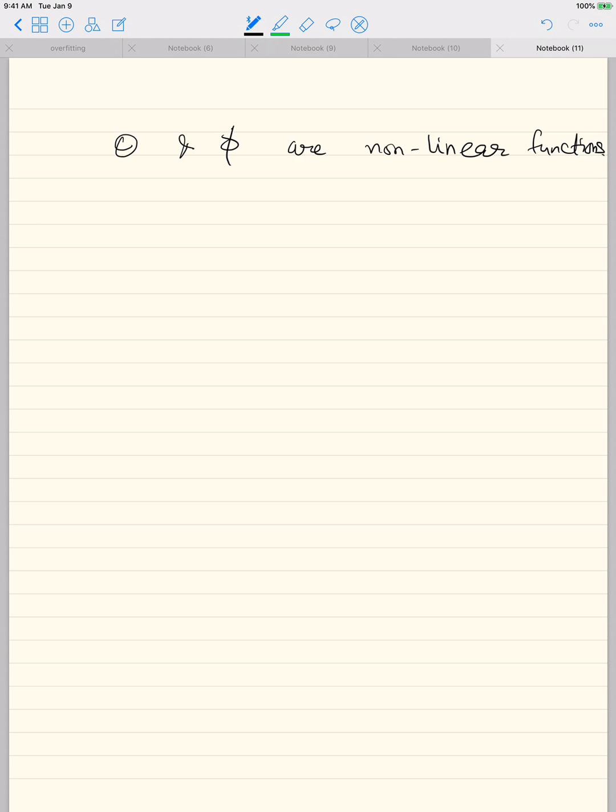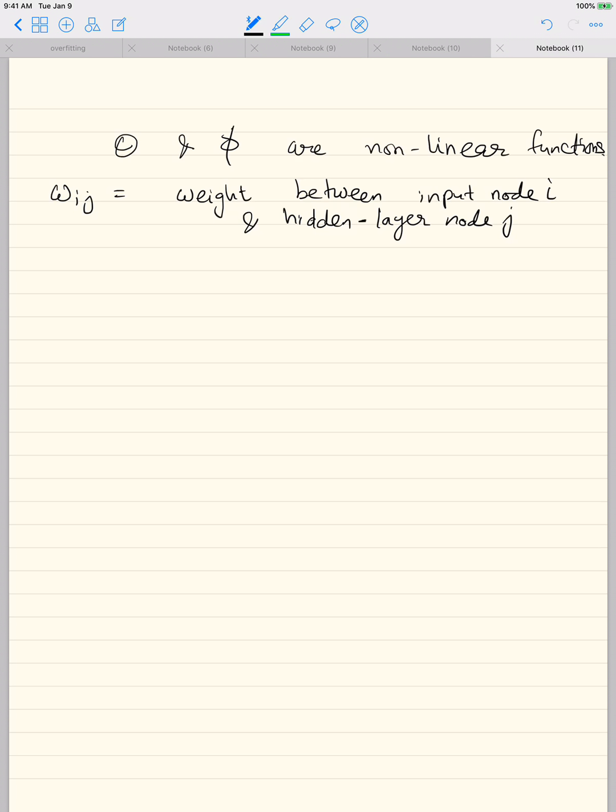So the interpretation here is that Wij is the weight between input node i and hidden layer node j.